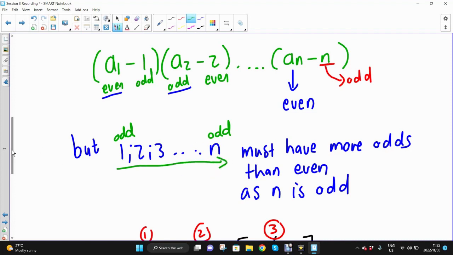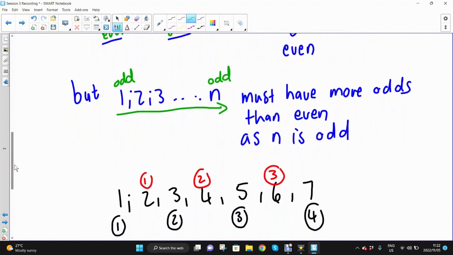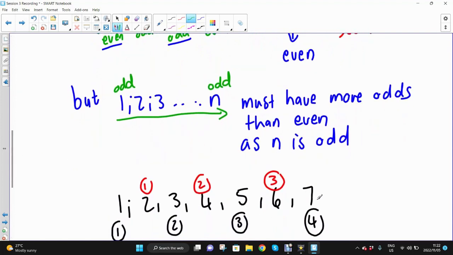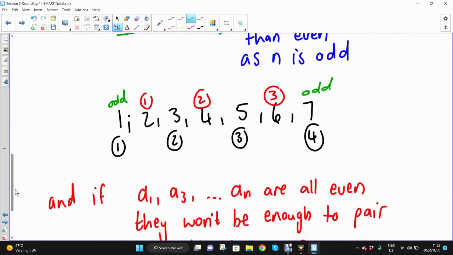To explain that, I just have a small example here. I wrote all the numbers up to 7. You can see that I'm starting with an odd number and I'm ending with an odd number. And if I count the odd numbers here, there are 4 odd numbers, which means there must be 3 even numbers. So if you are going to start with an odd and end with an odd, your evens in between must be less. Okay, making sense.